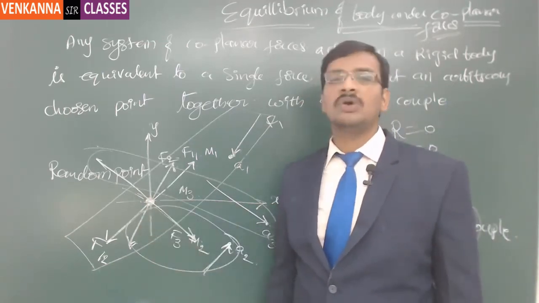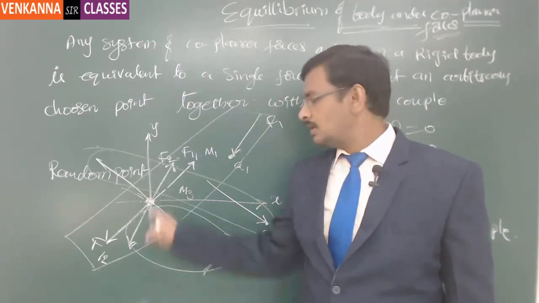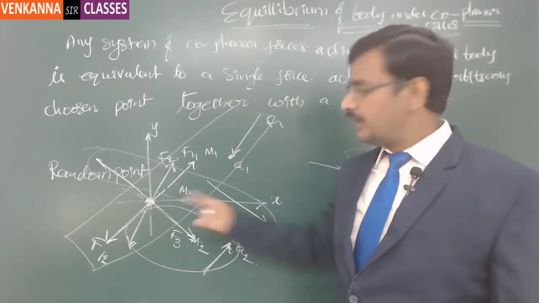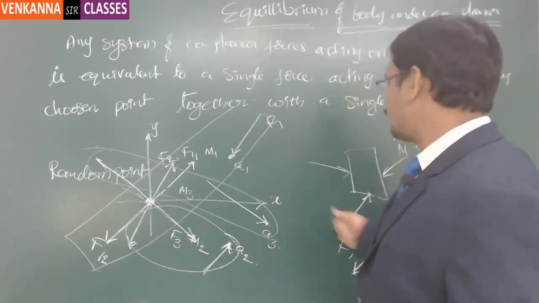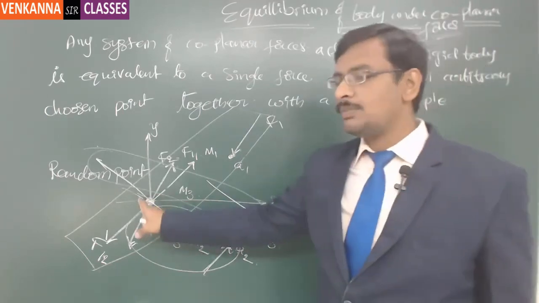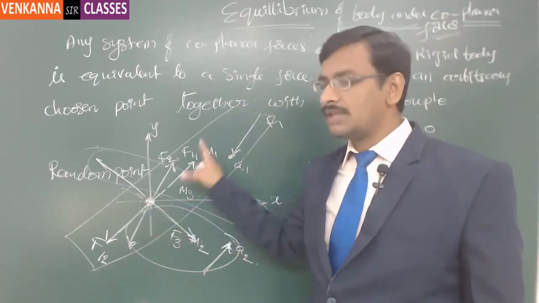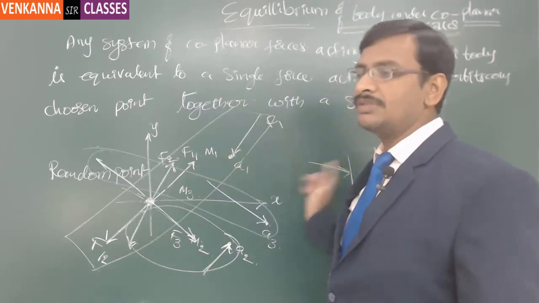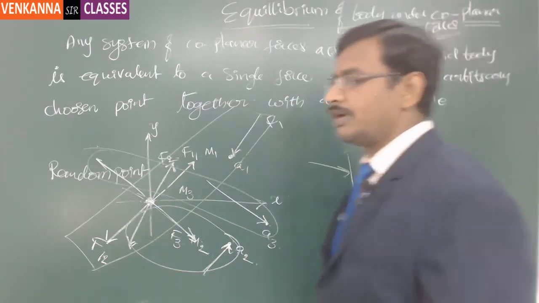There is no fixed rule to select this. So at an arbitrarily chosen point, you can simulate as if all the forces are acting at that position, along with the corresponding couples, and both will have the same effect. So this is the fundamental rule.